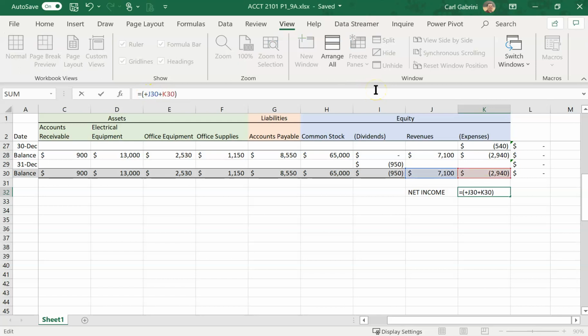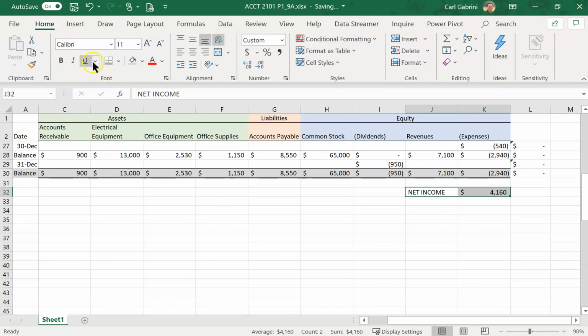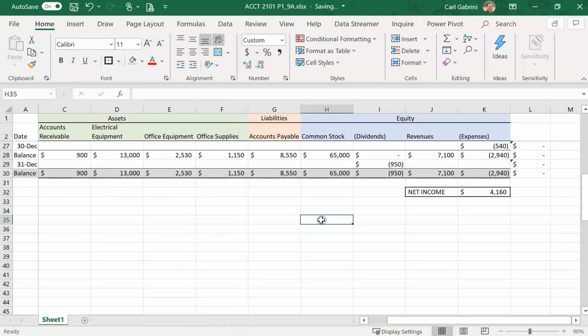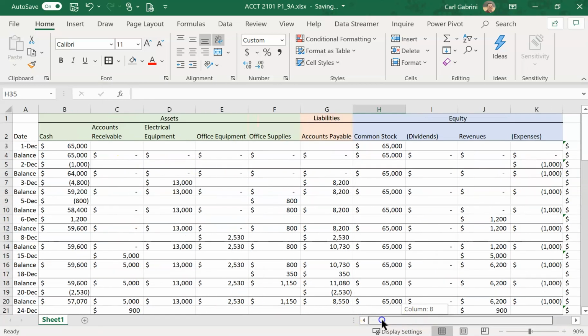We want it to be plus. And again, I always like to highlight things. So I'm going to put a nice thick border around it.